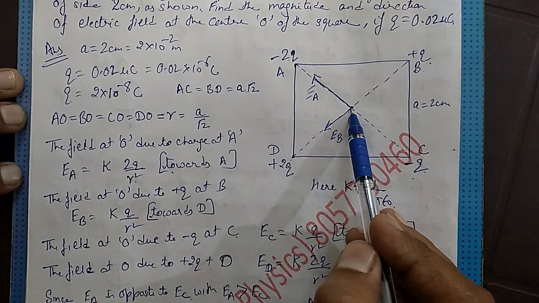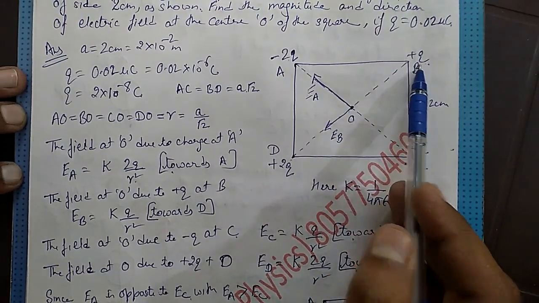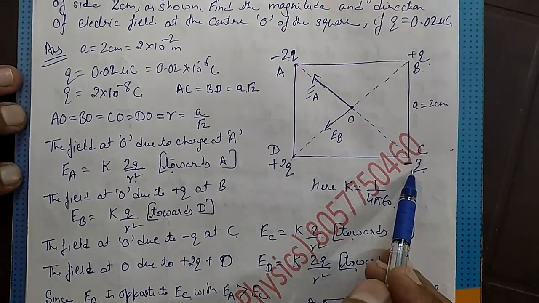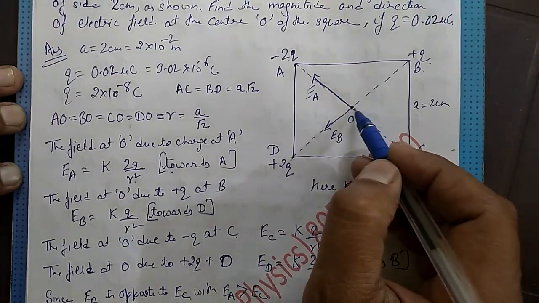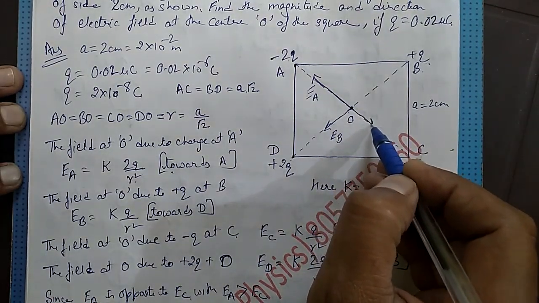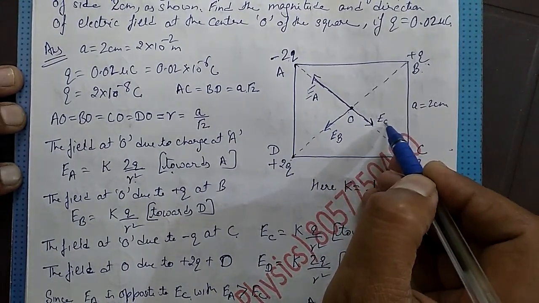Because the unit positive test charge is repelled by this +q. Similarly, this -q will attract it, so I'll draw a shorter arrow, E suffix C.